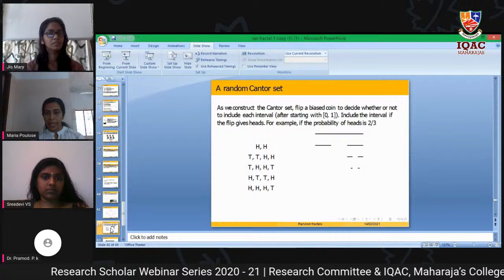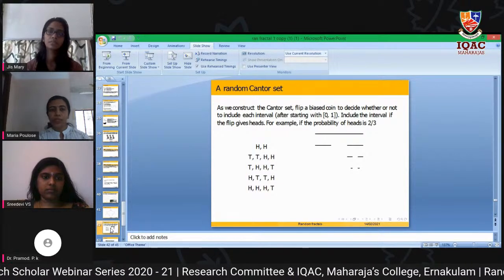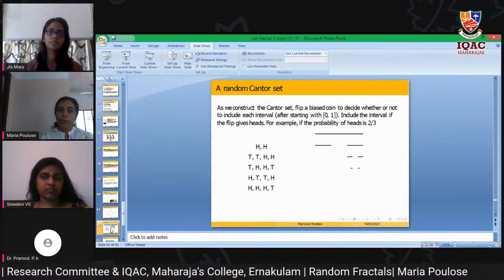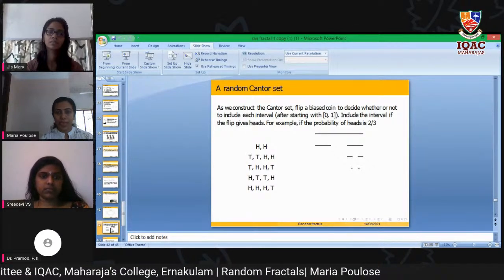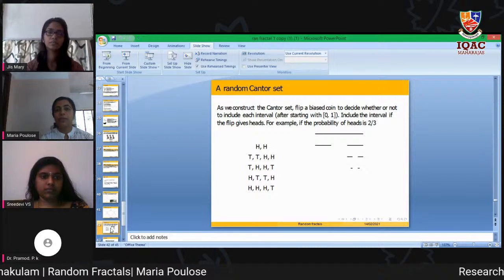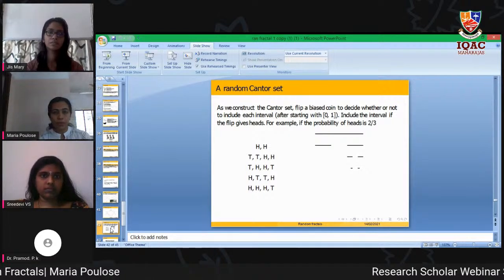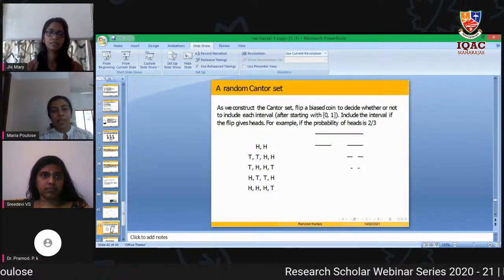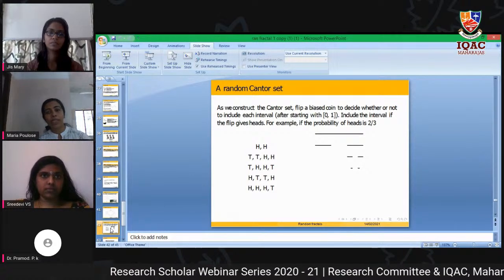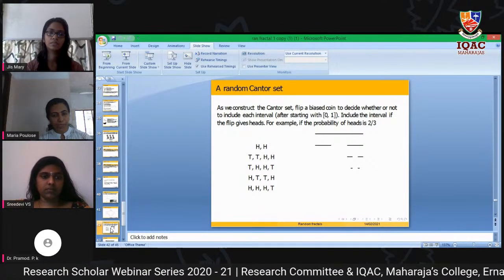Now in the case of the Cantor set, we can also include randomness. As we construct the Cantor set, flip a biased coin to decide whether or not to include each interval. After starting with the closed interval [0, 1], include the interval if the flip gives heads. For example, the probability of heads is 2/3.